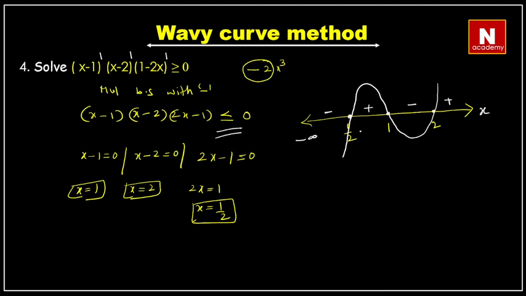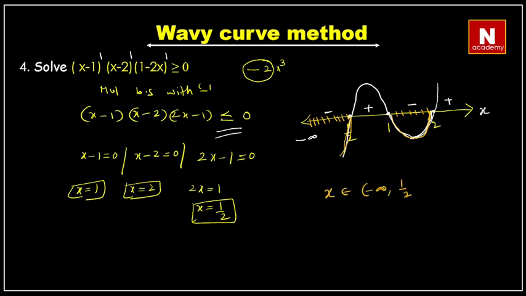The graph is below the x-axis in this part, and this part is also below the x-axis. This is the required region. That means the x values required are from minus infinity to 1/2 and 1 to 2. Therefore, the required region is x belongs to (−∞, 1/2].